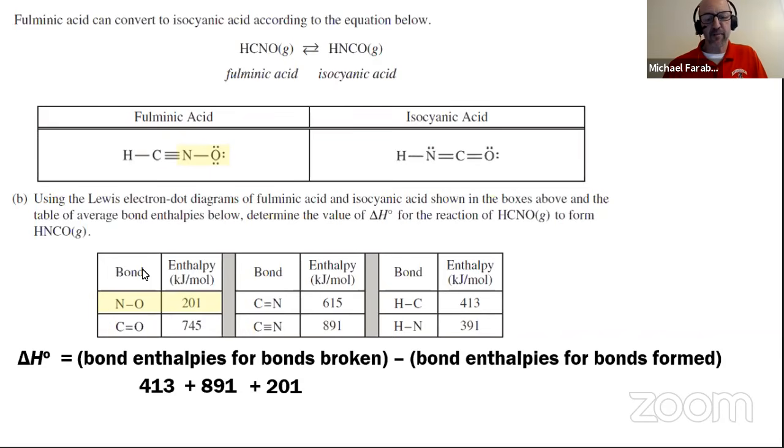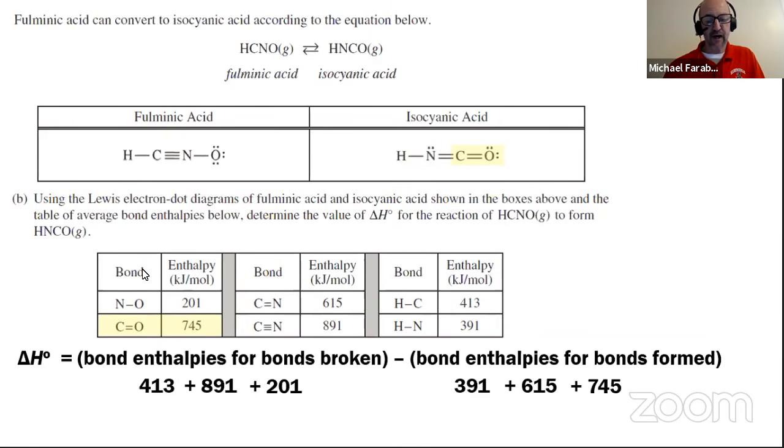Okay, moving on to the other molecule, the isocyanic acid, I have an NH single bond, which comes in at 391. I have a nitrogen-carbon double bond, and that is listed as 615 in the table. And then I have a carbon-oxygen double bond, which, according to the table, comes in at 745.